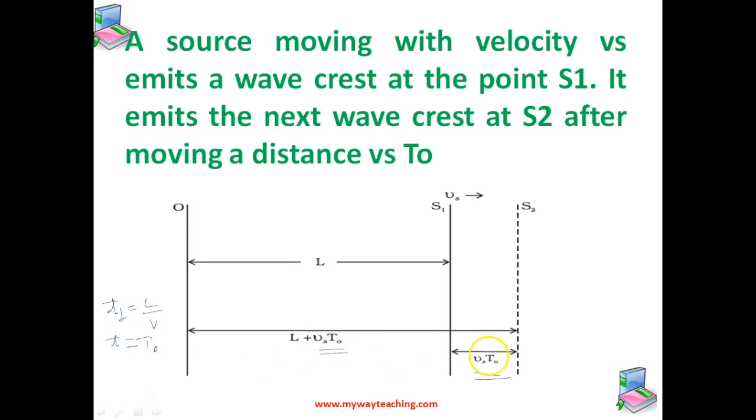So at S2, the source emits a second crest. This reaches the observer at time t2. And we can write it as t2 is equal to t0 plus (L plus Vs t0) by V.